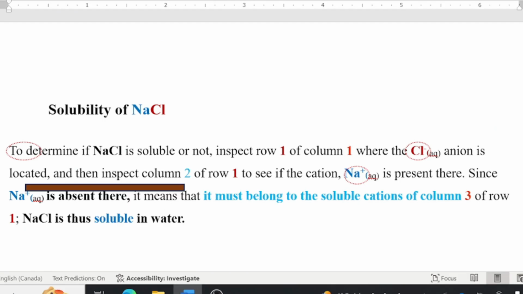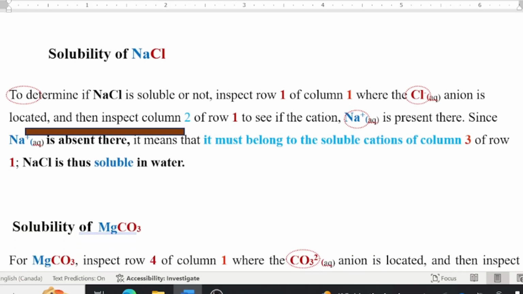So this is it. To determine the solubility of this one, inspect row 1, column 1 where chloride is. We just did that. And then inspect column 2, row 1, to see if sodium is present. Since sodium is absent from that insoluble one, it must belong to column 3 where we said sodium chloride is soluble.